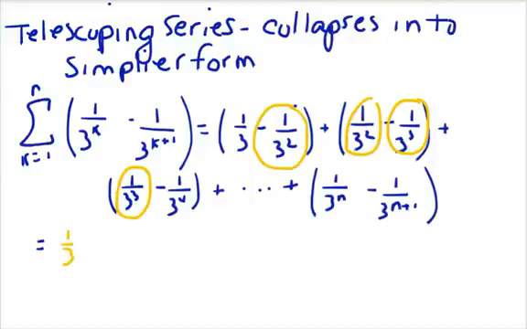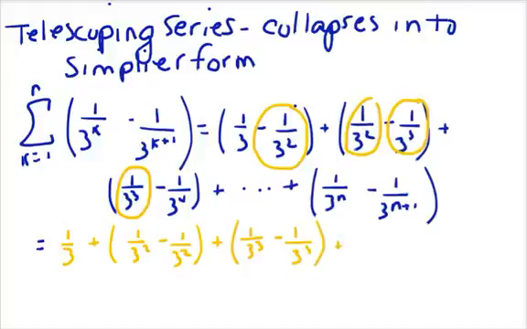We end up with a 1/3 plus, I'm going to collect the positive and negative terms because they're going to collapse upon one another or go to 0. And we're going to be left with a formula, just like we were left with the geometric series when I showed you algebraically how to derive the geometric series. So it's very similar. These things are going to collapse upon themselves.